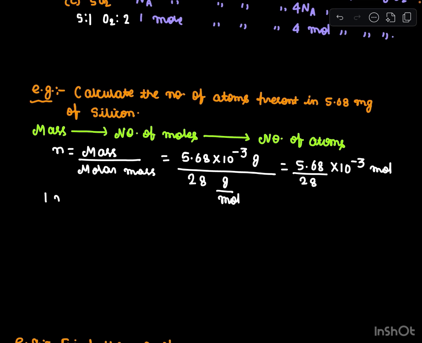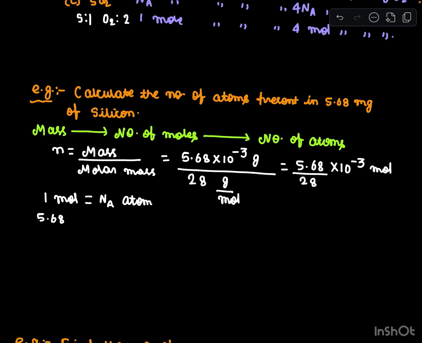As we know, 1 mole of any substance contains Avogadro's number of atoms or molecules, whatever is required. Here we are dealing with silicon atoms, so 1 mole of silicon is equal to Avogadro's number of silicon atoms.